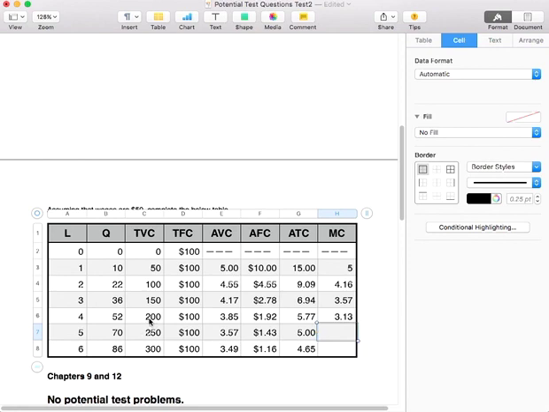Again, we do the same calculation. We have total variable cost increased by 50, so our numerator is equal to 50, and our quantity increased from 52 to 70, which is an increase of 18. So our marginal cost is equal to 2.77. And for the final row, again, the change in variable cost is equal to 50.